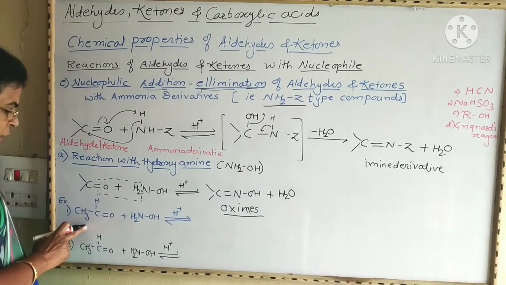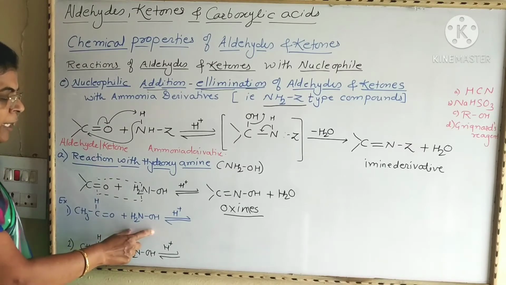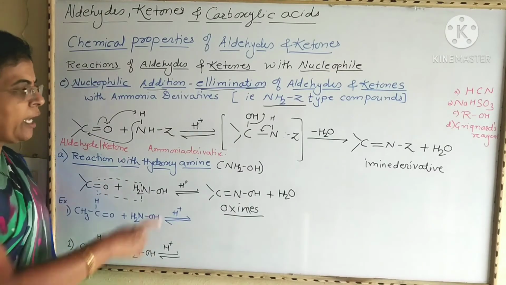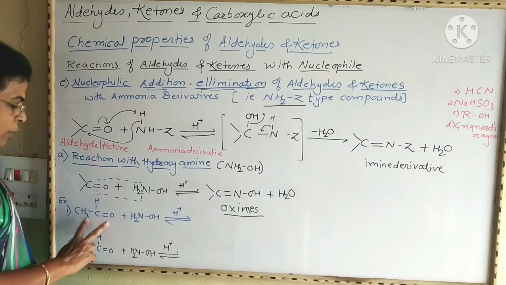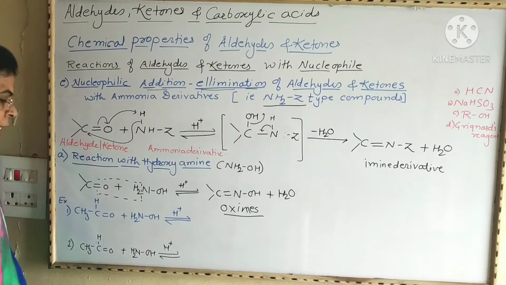Now the first reaction we are going to see is with acetaldehyde. When acetaldehyde is treated with hydroxylamine in weak acidic medium, all these reactions are carried out in weak acidic medium, then the same reaction takes place.